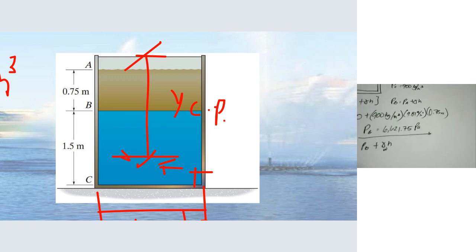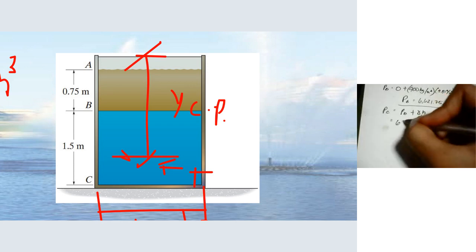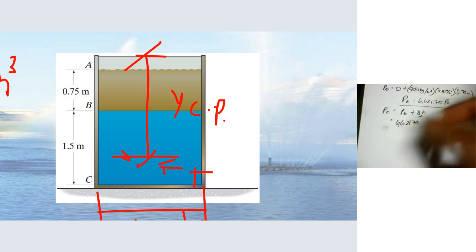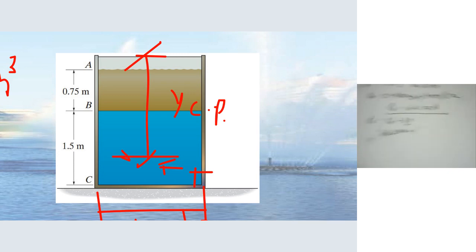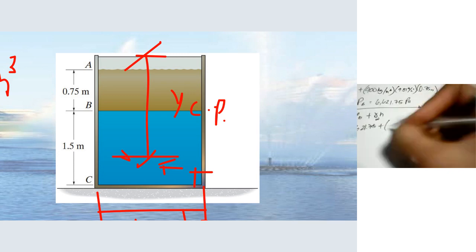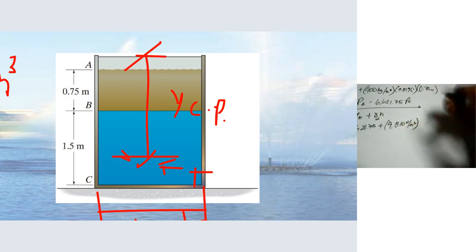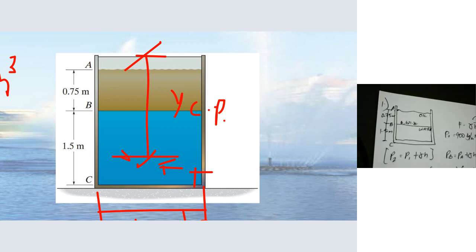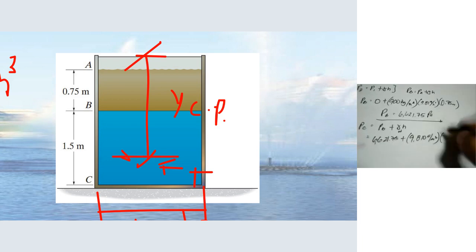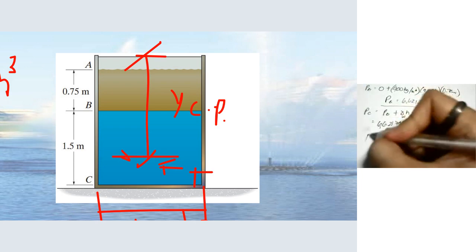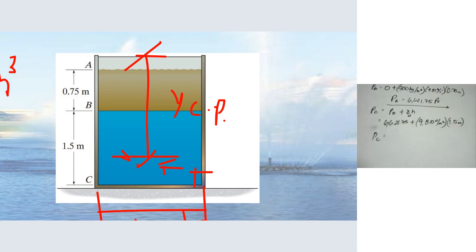So, we have P sub B, it's 6,621.75. And then, we add gamma of water, which is 9,810 newton per meter cube, and then times the height, which is 1.5. Ano po yung P sub C?